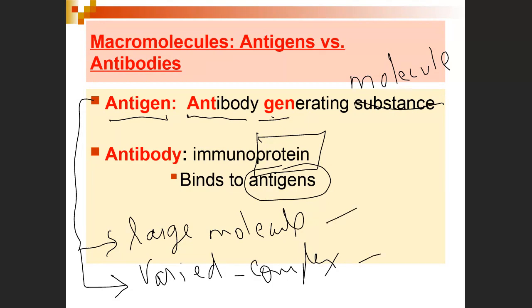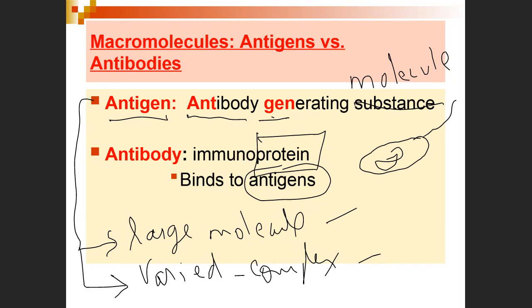So the next question is, as we go through these macromolecules, lipids, amino acids, proteins, nucleic acids, and carbohydrates, which of these are large and complex enough to be antigenic? And why do we care? Well, the reason we care is because a bacterial cell may have these molecules on its surface.